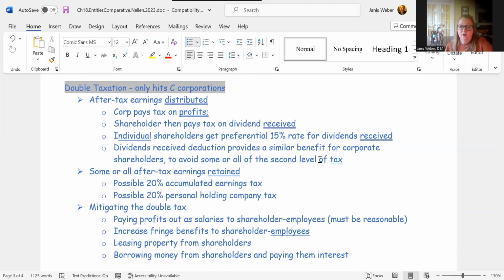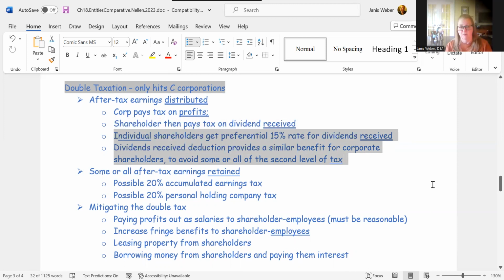And corporations that are shareholders of other corporations get what's called a dividends received deduction that provides a similar benefit, which helps them avoid some of that second level of tax. It doesn't eliminate double taxation, but that's why these two provisions are in the law: to try to mitigate some of that double taxation problem.